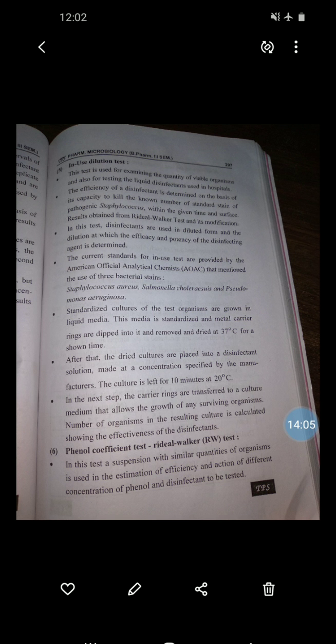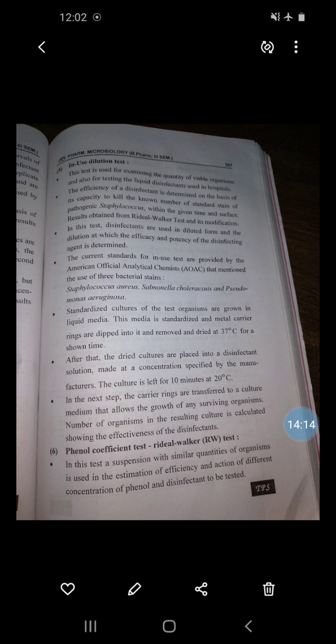After that, the dried cultures are placed in disinfectant solution made at the concentration specified by the manufacturer. The culture is left for 10 minutes at 20 degrees Celsius.